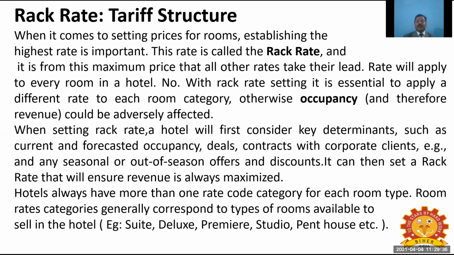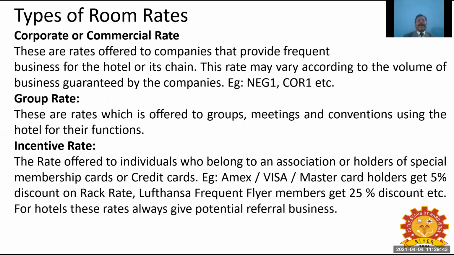Based on the guest's wants, preferences, and likes, you have to sell these types of room rates. Being a front office or accommodation personnel, the employee should try to know the different types of room rates available in the hotel.